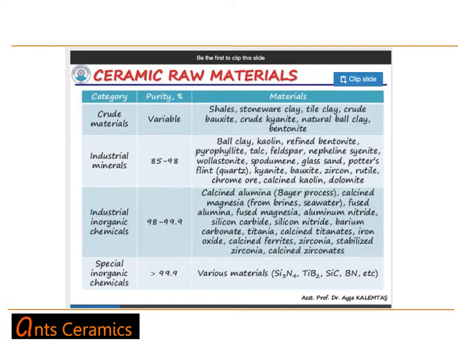There are also some special chemicals which are more than 3N, that is 99.9%, in various materials like alumina, silicon nitride, titanium boride, silicon carbide, boron nitride, etc.